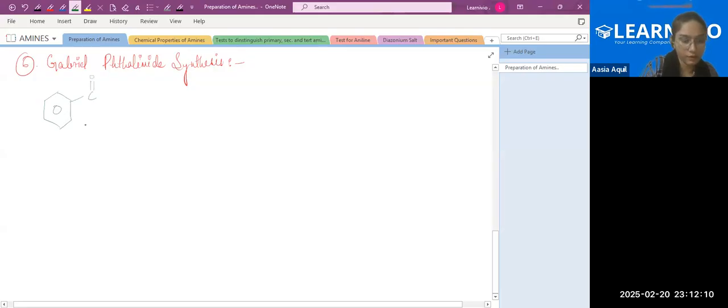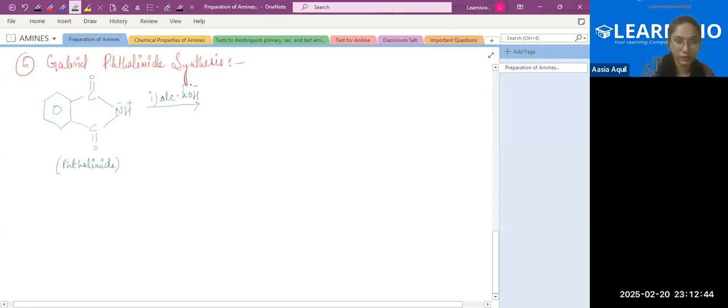Here CO bond, here again CO, and here NH. Right. On N, there is a negative charge, and H, positive charge. This is the phthalimide. Okay. So when you treat phthalimide by alcoholic KOH, what happens? So, you know that K plus and OH minus, right?